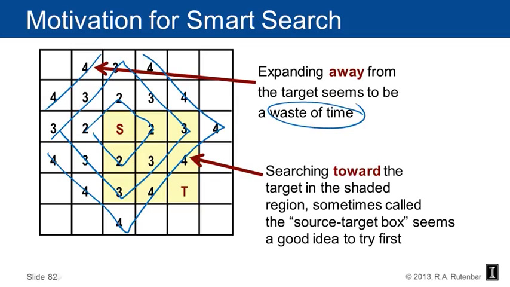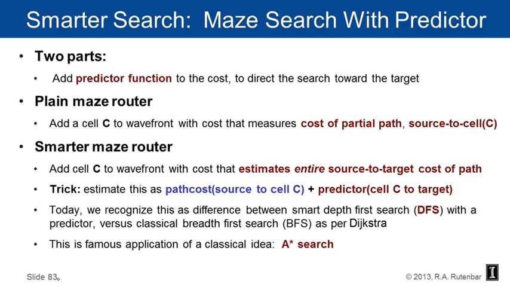I'm just going to shade the box, which is the smallest box, the bounding box, just like in placement, the bounding box of the source and target pin. This is often called the source target box. And I'm going to say, I just as soon like to search in the yellow box before I search outside the yellow box. Okay, that's a perfectly good definition of what it means to be searching toward the target. Is it possible to do that without messing up any of the other guarantees of how the minimum cost search algorithm works?